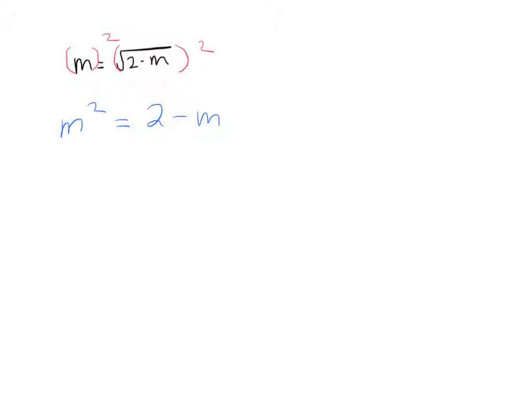Do you know how to solve that? What type of equation is it? It's quadratic, right. So to solve a quadratic, we don't isolate the variable. We put everything on one side and then solve either by factoring or using the quadratic formula or something. There were a couple other options, but so I'm going to add m and subtract 2.